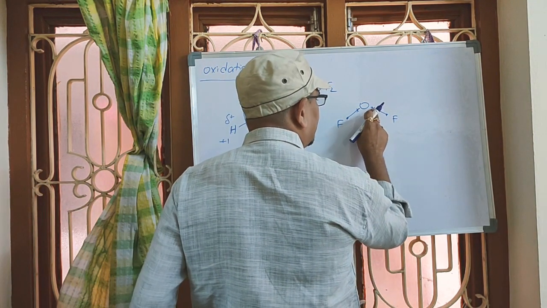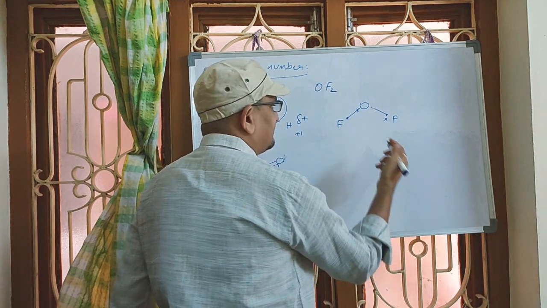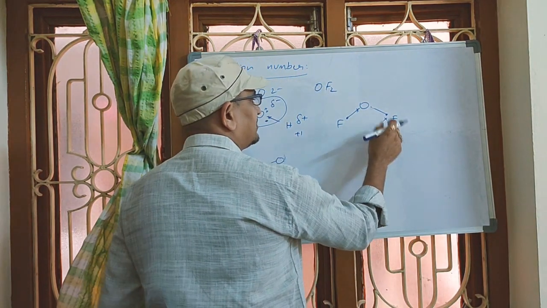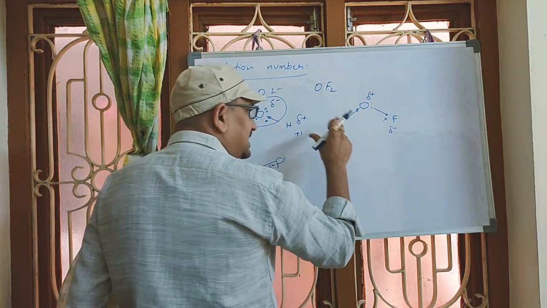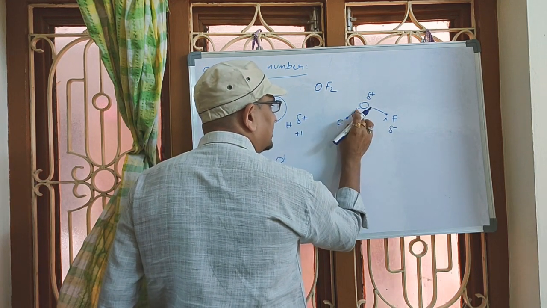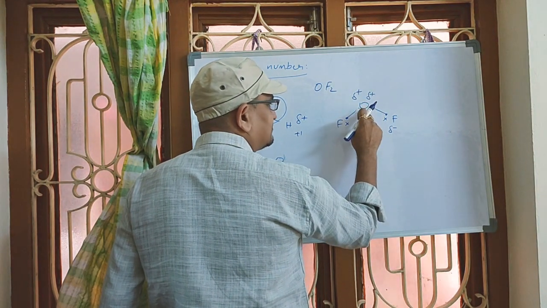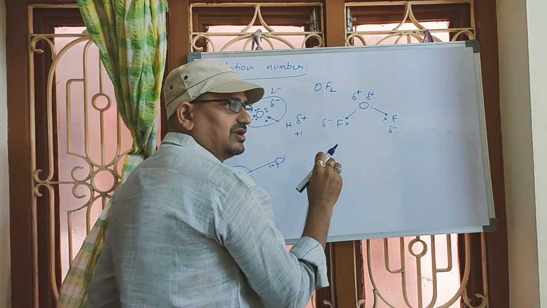Now, being more electronegative, fluorine will attract oxygen's electron closer towards itself, so that an extra partial negative charge will be developed on fluorine and partial positive on oxygen. The same way, in this bond also, fluorine will attract its own electron as well as oxygen's electron. So another partial positive charge will be developed on oxygen, and partial negative on fluorine.